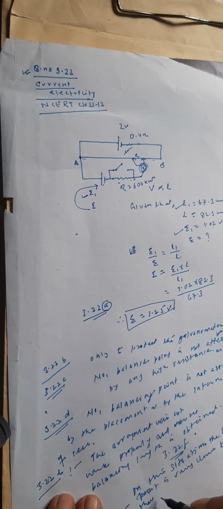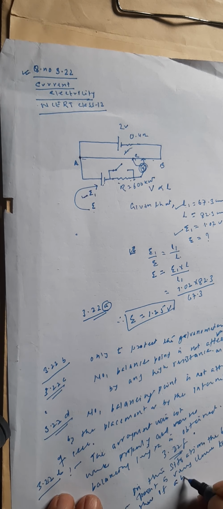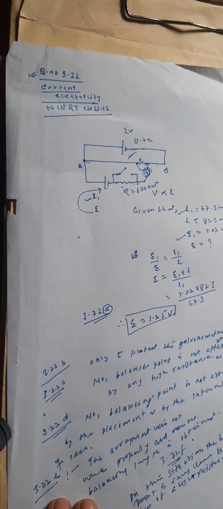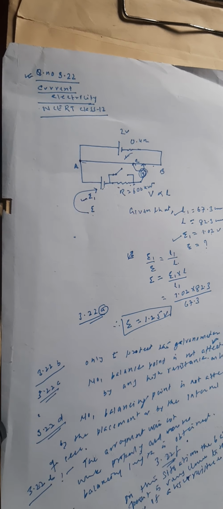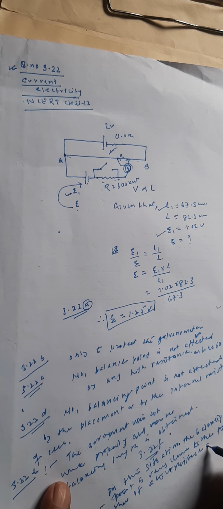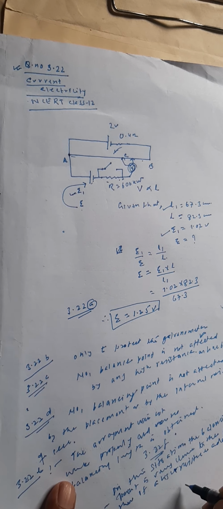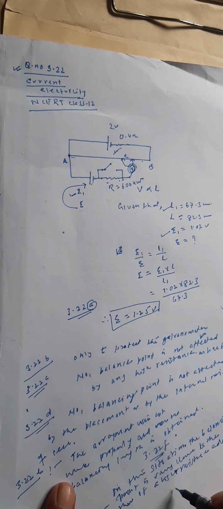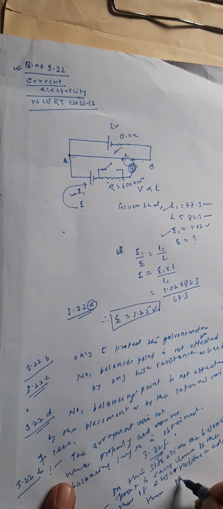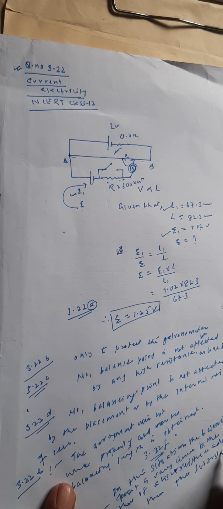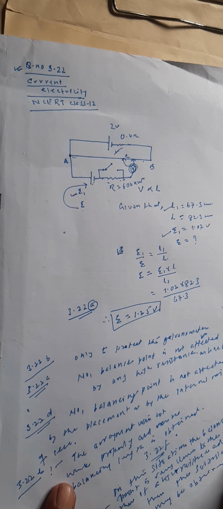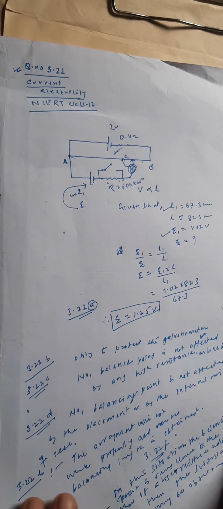If high resistance is added, then a suitable balancing length may be obtained and the error can be minimized.